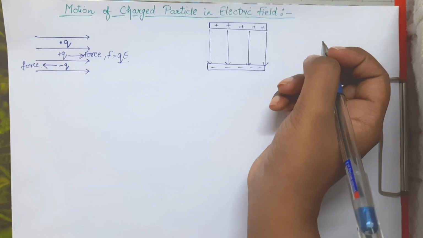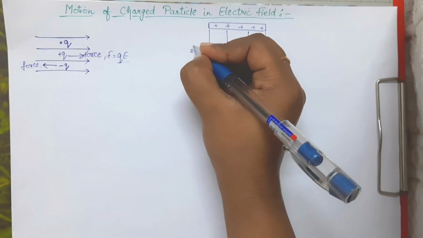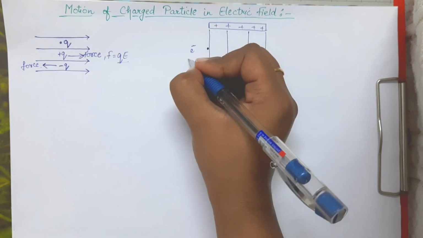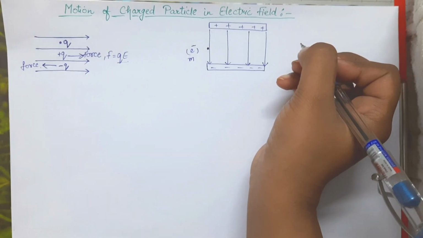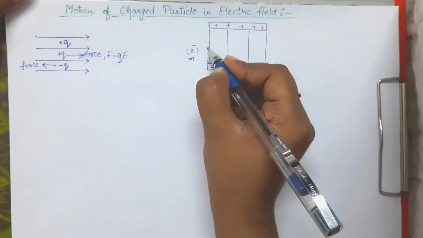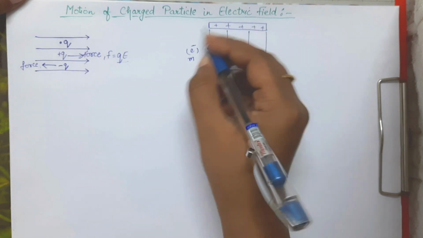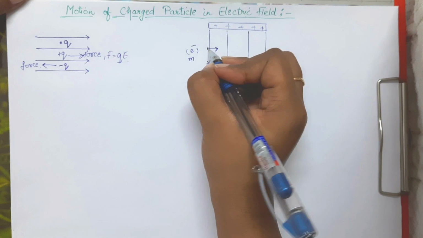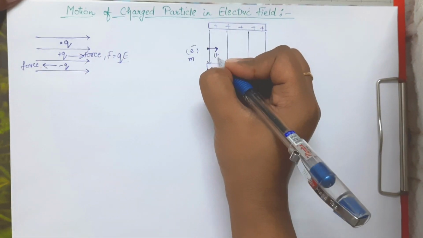Suppose we are having an electron, having some mass m. This is a negatively charged particle. Now this particle is starting with a velocity of v naught. In this electric field this charged particle is placed and it is moving with an initial velocity of v naught.